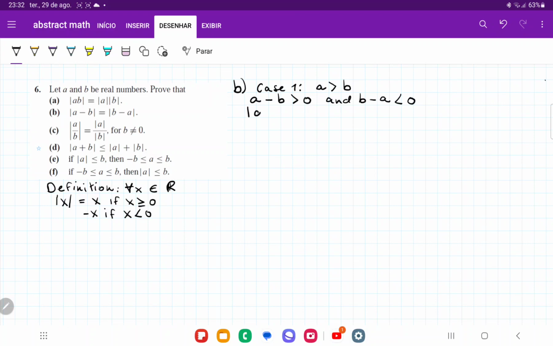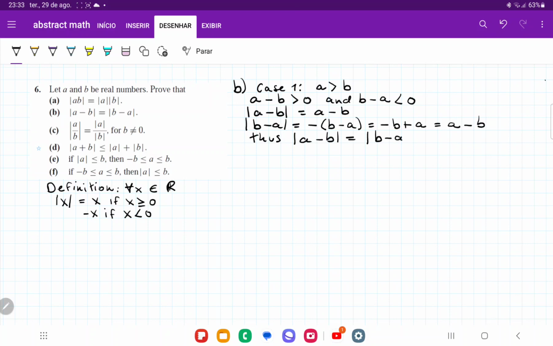So the absolute value of A minus B, since this is positive, is just going to be equal to A minus B. And since B minus A is negative, the absolute value of B minus A is going to be minus (B minus A), which, when we distribute this negative, is minus B plus A, which is equal to A minus B. And so we have shown, thus, that the absolute value of A minus B is equal to the absolute value of B minus A.